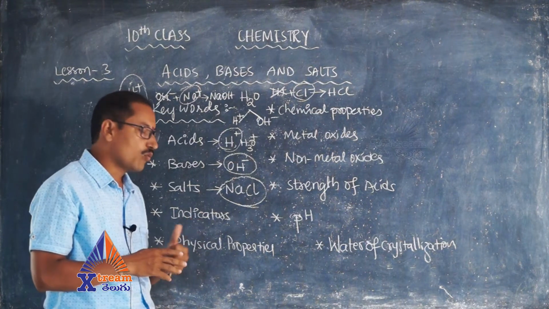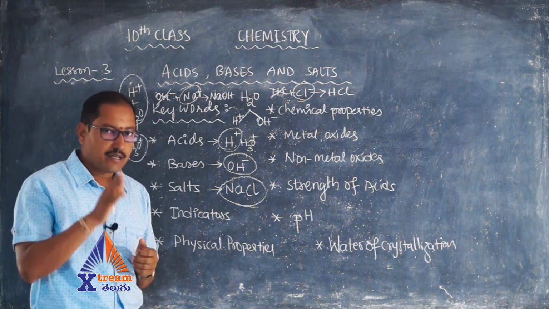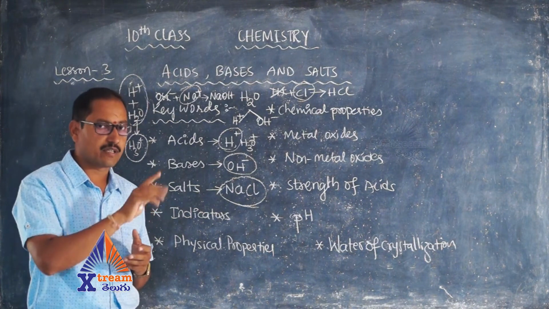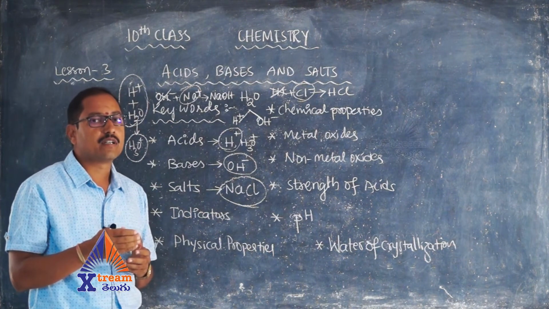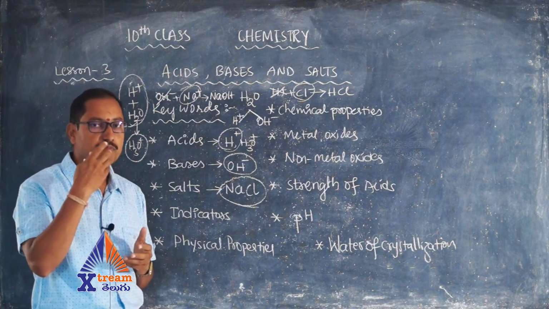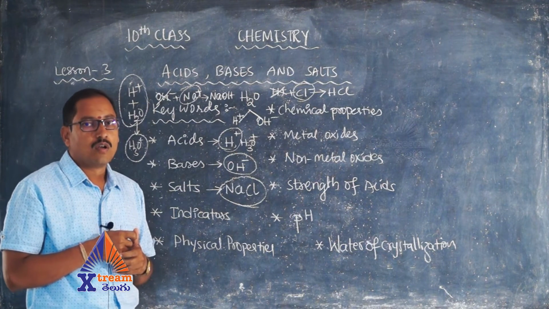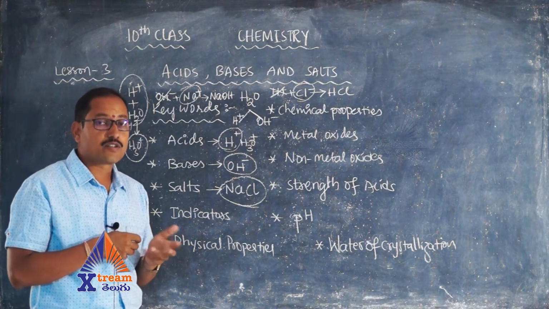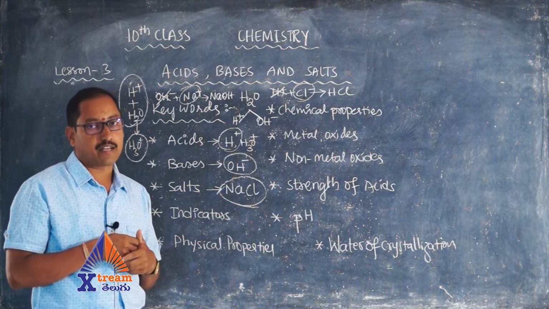Let us understand what are indicators. Indicators are those materials or substances or chemicals which change their color or odor, in the sense smell, as per the nature of the material with which they are reacting.